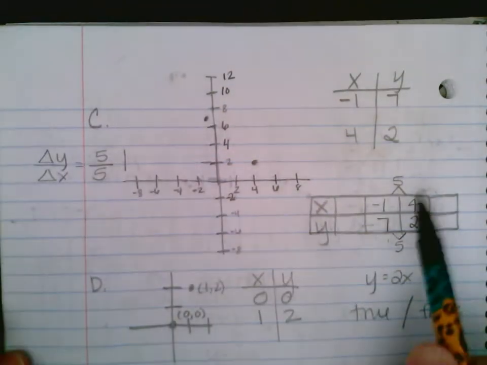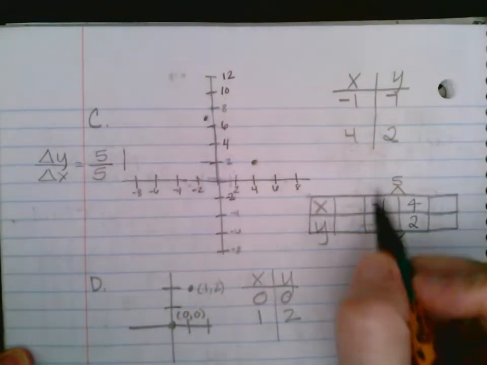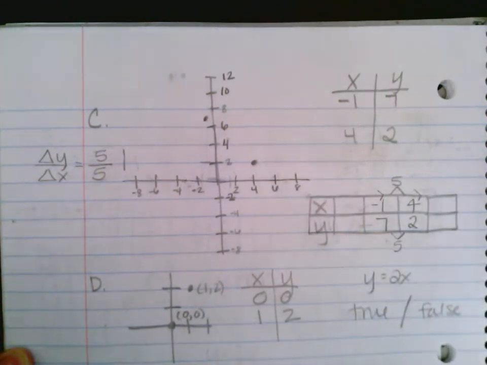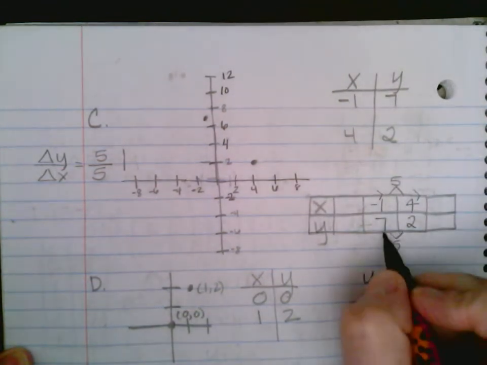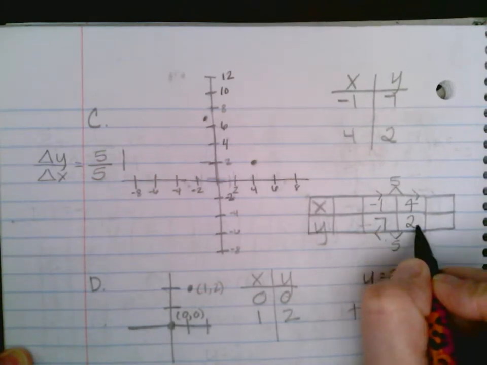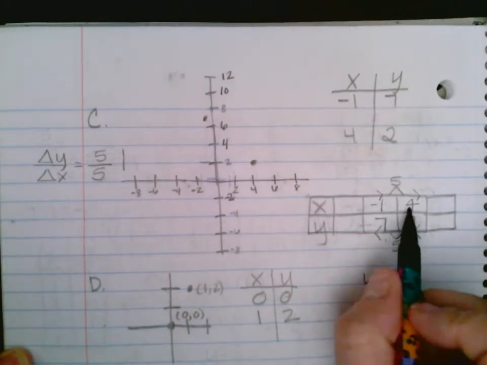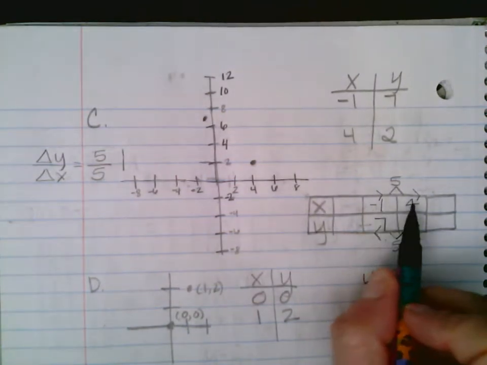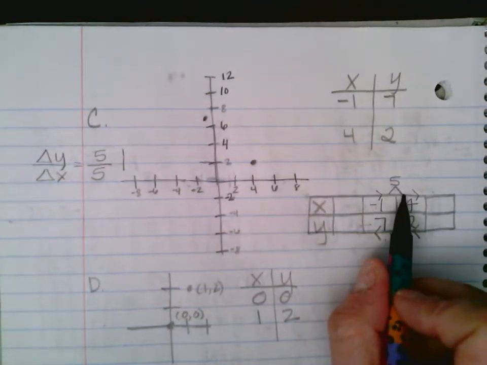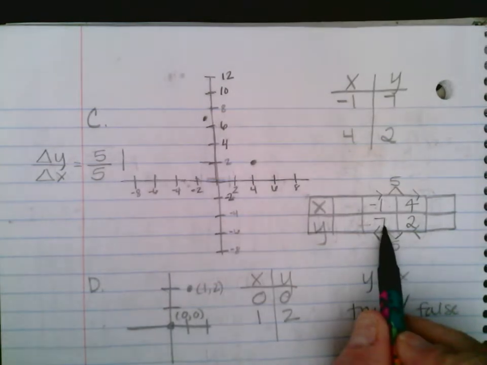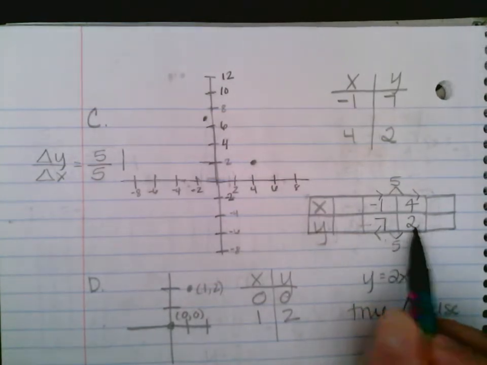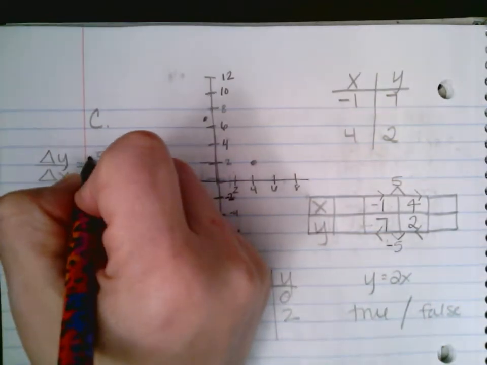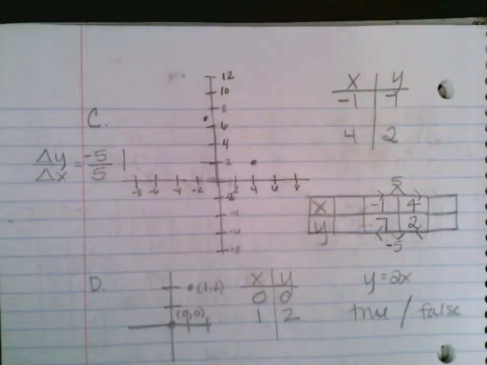If I look at this, my numbers are going up here. But if I look at the bottom one, my numbers are going down. If I start here and go from negative 1 to 4, my numbers are going up. If I go from 7 to 2, my numbers are going down, which means my slope is negative.